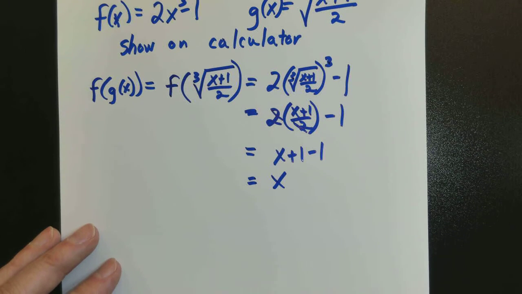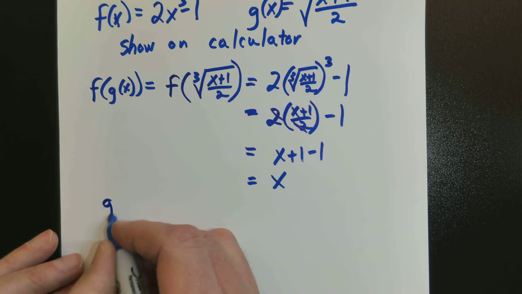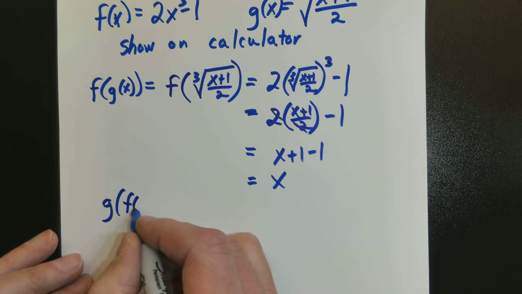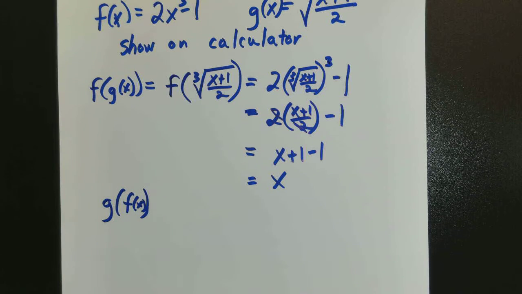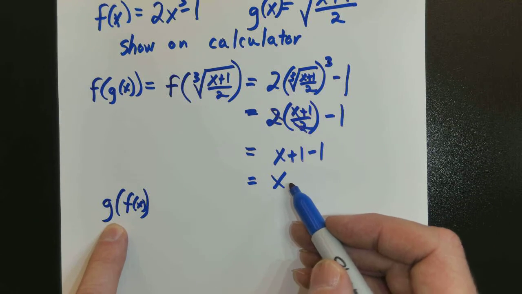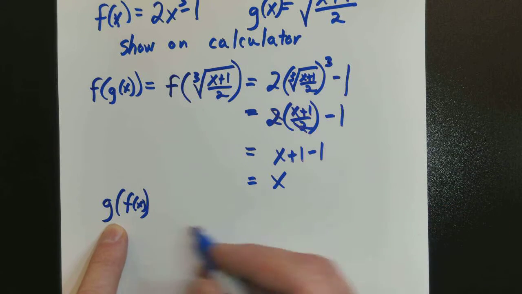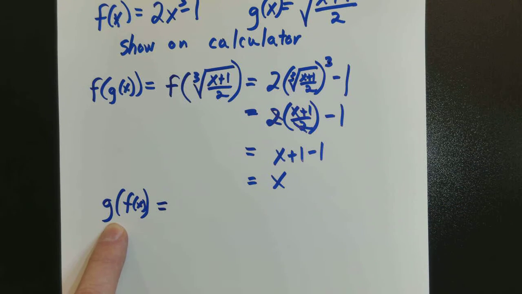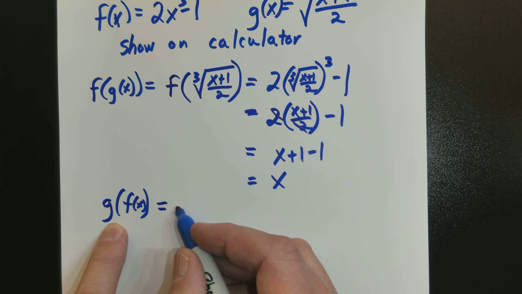So we do get x, like Jack said we should. It might be possible that g of f of x is not x, in which case you don't have inverse functions. So that's why we're going to show this.